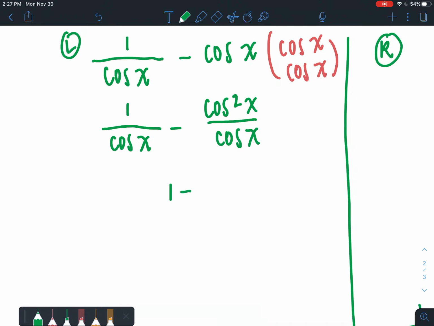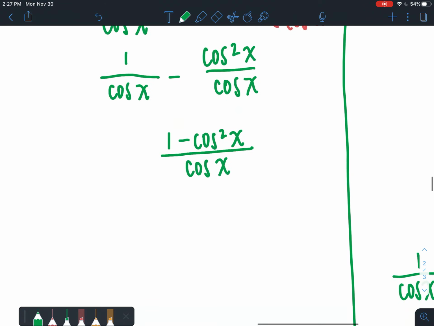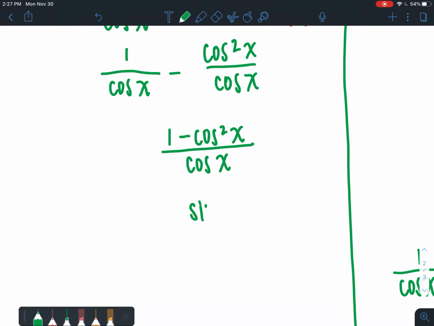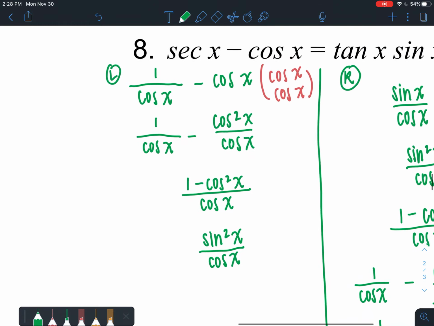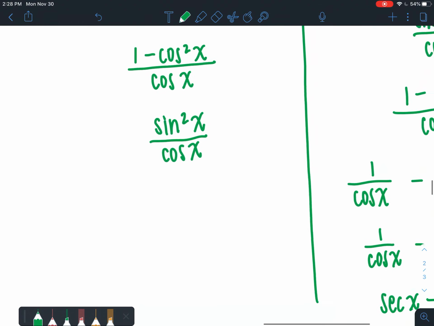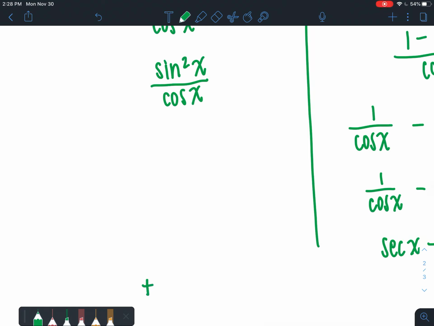So we have 1 minus cosine squared x over cosine of x, that common denominator. And then 1 minus cosine squared is sine squared. See where I'm headed? I need tangent and sine. I'm going to write that down here. So this is what I'm working for.